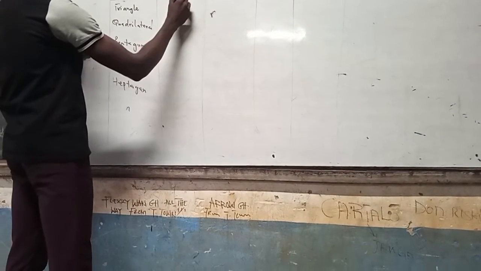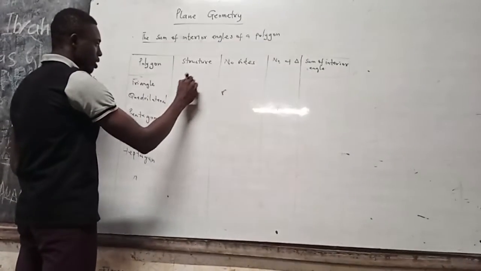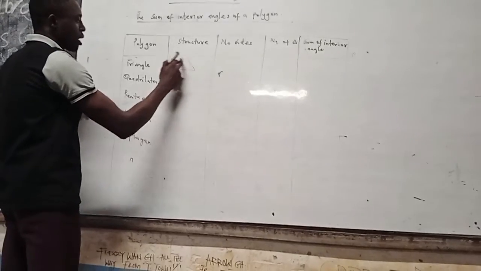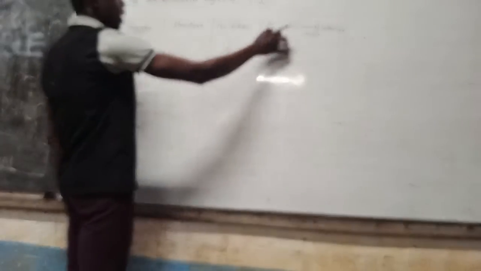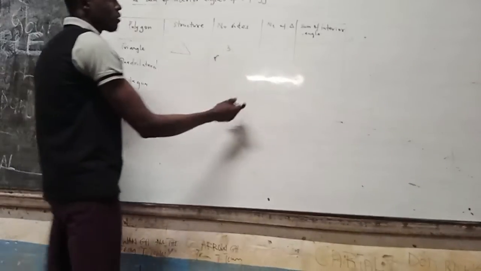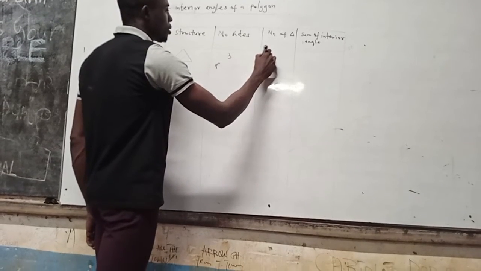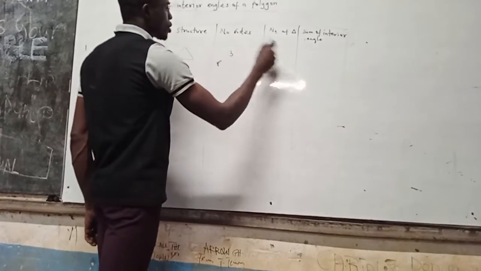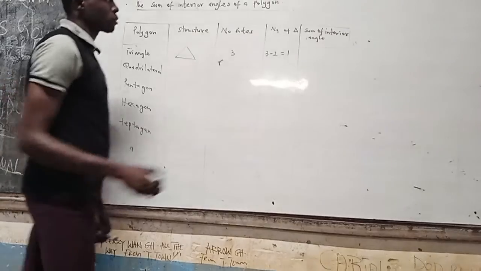In case we give you a triangle, we know the structure of a triangle is in this form. How many sides does it have? 1, 2, 3. How many triangles do we have here? Always, if you want to find the number of triangles, the number of sides minus 2 will give you the number of triangles.